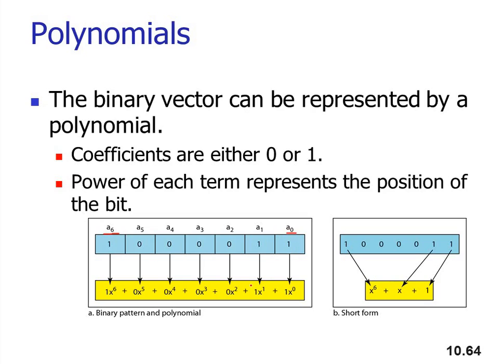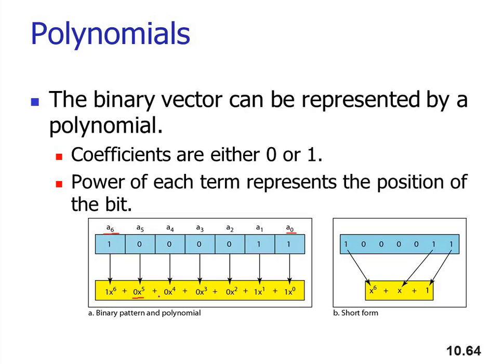So when I want to represent it with polynomials, then x raised to 0 into 1, plus 1 into x raised to 1, 0 into x raised to 2, 0 into x raised to 3, 0 into x raised to 4, 0 into x raised to 5, and 0 into x raised to 6.